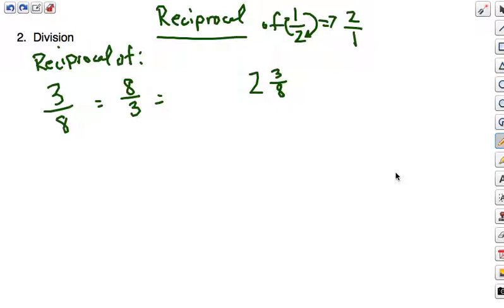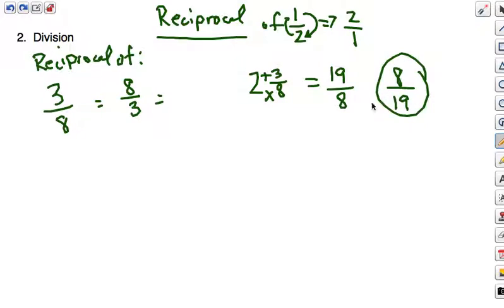We multiply the denominator by the whole number and then add our numerator. So 8 times 2 is 16, plus 3 is 19. So 19 over 8 is our improper fraction, and the reciprocal of that would be 8 over 19. That's our reciprocal.